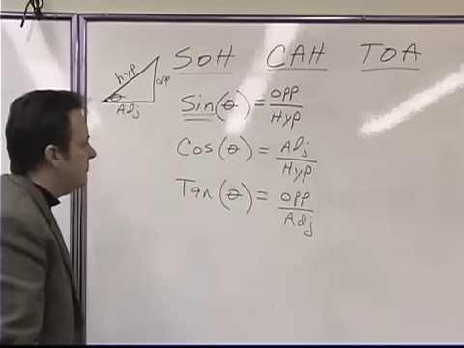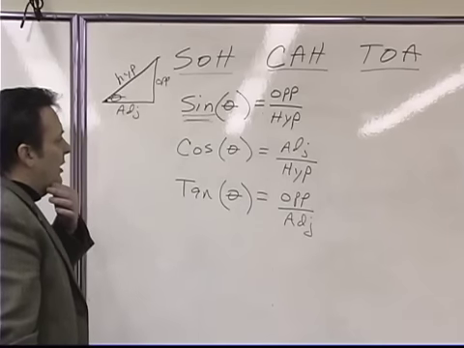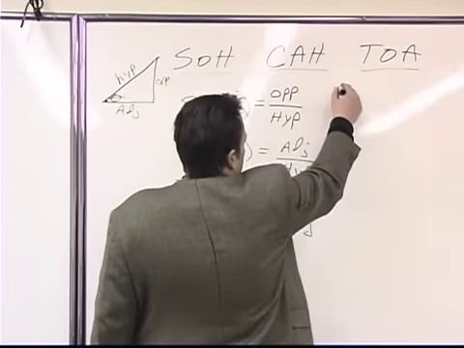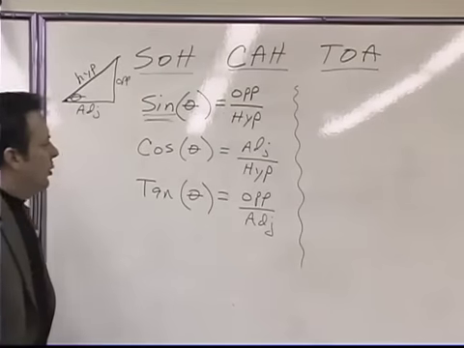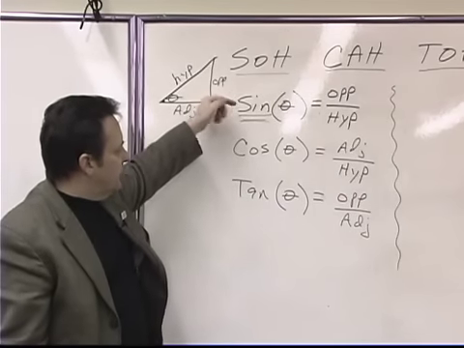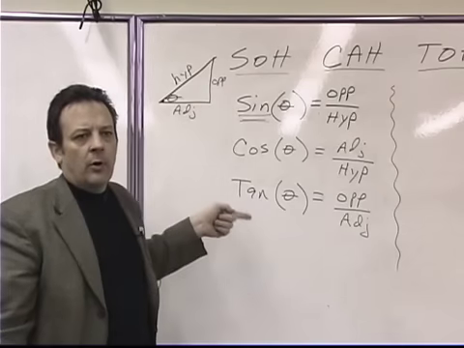Okay? Now, let's look at a couple of examples of how this is actually used. Because it turns out that we usually don't use the trigonometric functions of sine, cosine, and tangent in this form. Why?